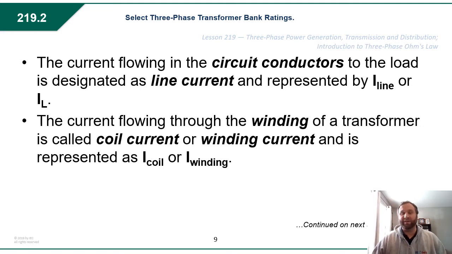Now, when we're talking about the winding itself, or the coil inside the transformer, this is called coil current or winding current, and it's represented with an I coil or I winding in the formula. Yes, at times these will be different numbers compared to each other, depending on whether it's in a delta or a Y configuration. So be familiar with the terminology here.